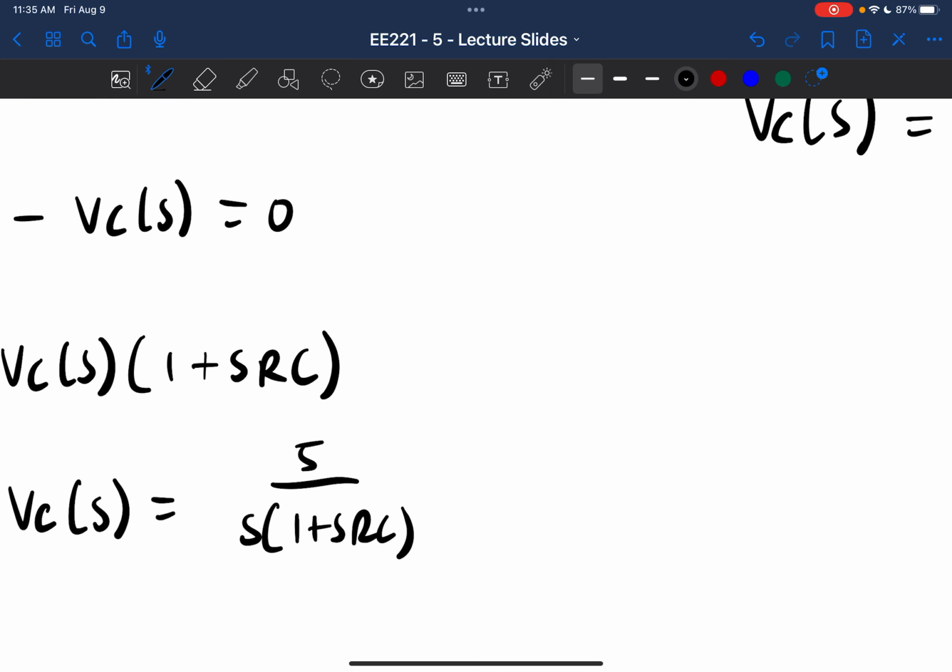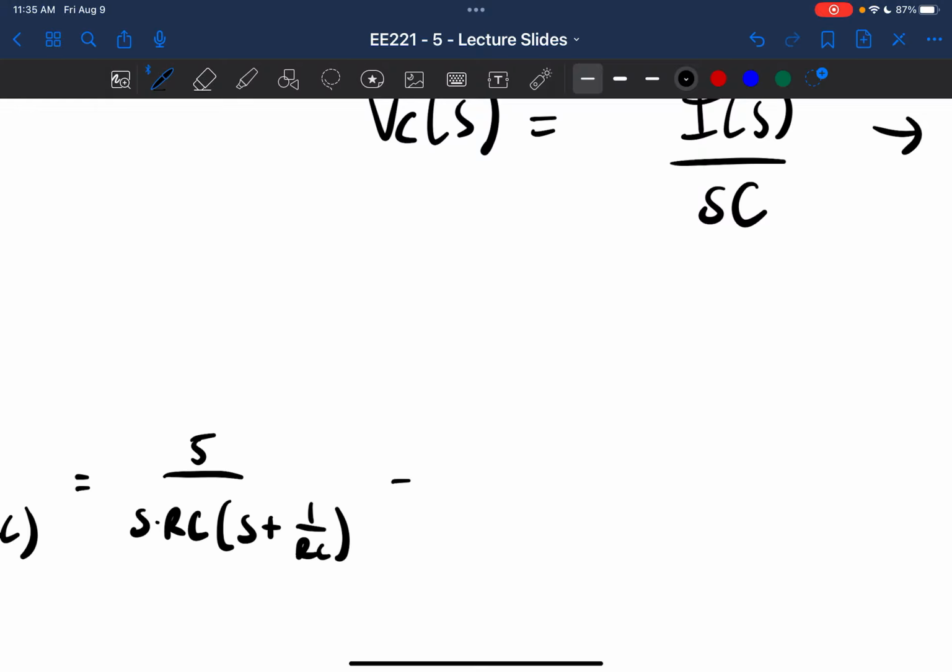So let's factor out an RC. I can say that this is equal to 5 over s times RC over s plus basically 1 over RC. And now I could move that RC term to the top. So my numerator is 5 over RC, which is a constant, divided by s times s plus 1 over RC.